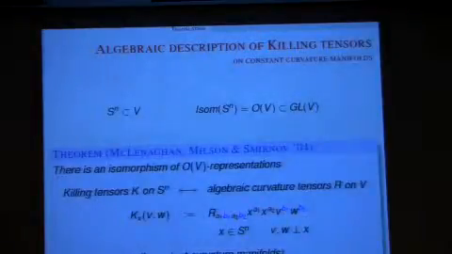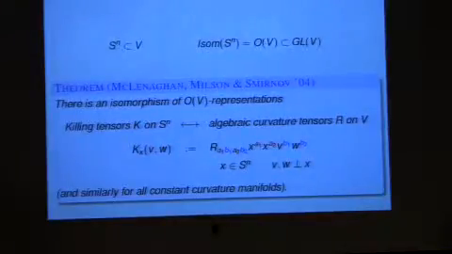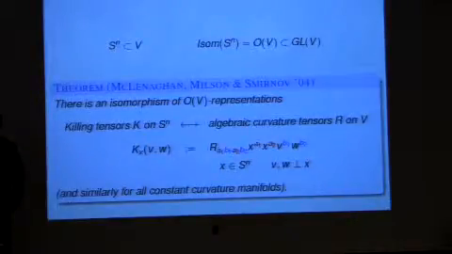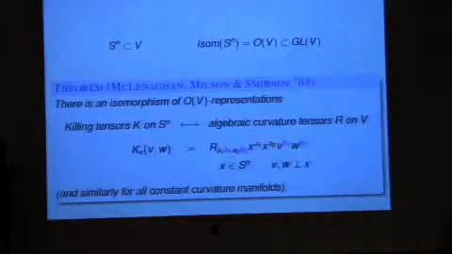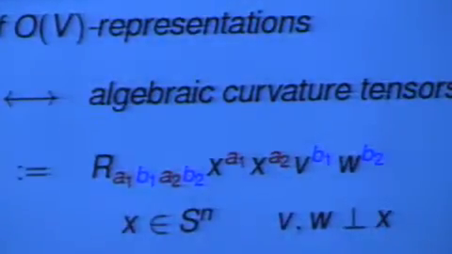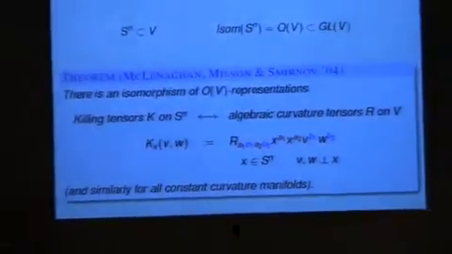And we have this correspondence found by McLenaghan, Milson and Smirnov, which says that we have a bijective correspondence between Killing tensors on the sphere on one hand and algebraic curvature tensors on the ambient space on the other hand. And this is given by this simple polynomial expression. By the way, this holds in general for constant curvature manifolds.